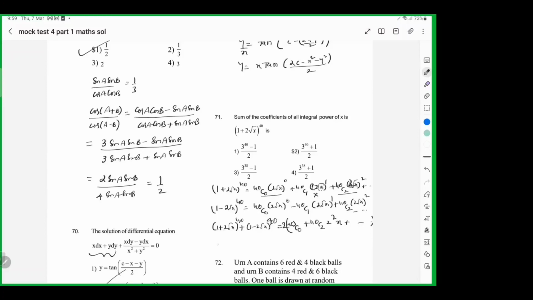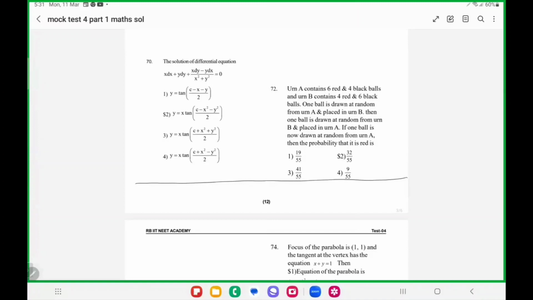Put x as 1. You get 3 power 40, 1 minus 2, 1 power 40 by 2, which is, these are all the coefficients of integral powers.